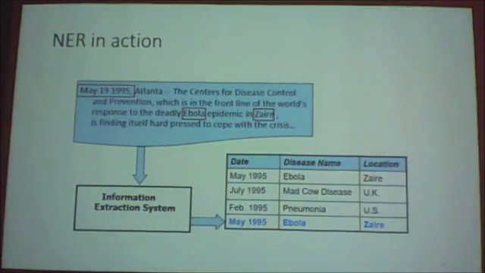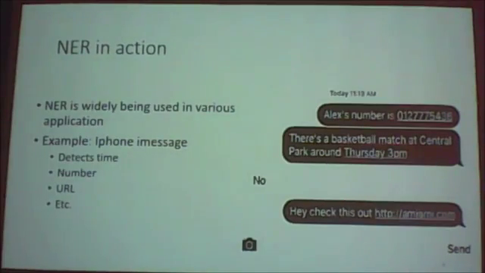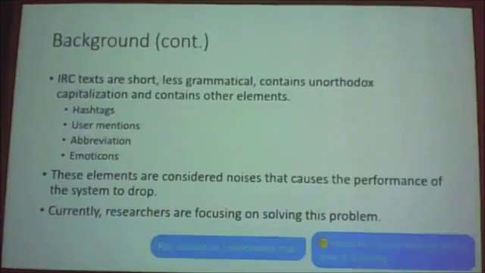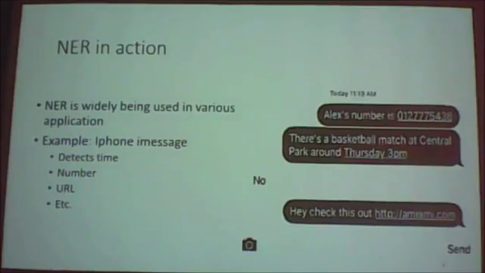The application of name entity recognition is all around us. For example, iMessage. For those who are using iPhone, I'm pretty sure you already know about this function where you send a text, then it will recognize some portion of the text as a phone number or date, which is the date, and some of them the URL.